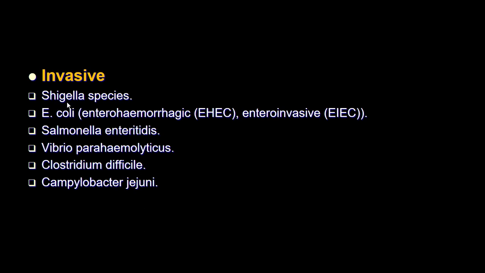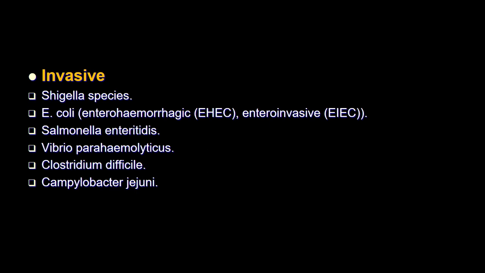On top of the bacteria that is associated with that is the Shigella species. And we discussed that in the first lecture. Shigellosis, like Shigella dysentery, for example, and the other types of Shigella. And this is the first thing that we have to think of when we do stool analysis.